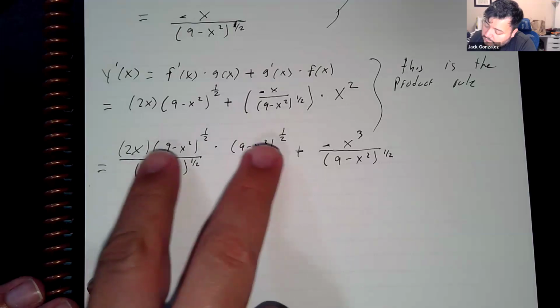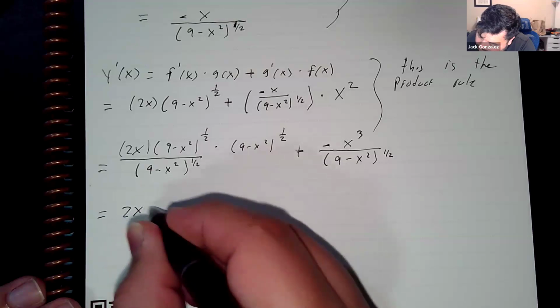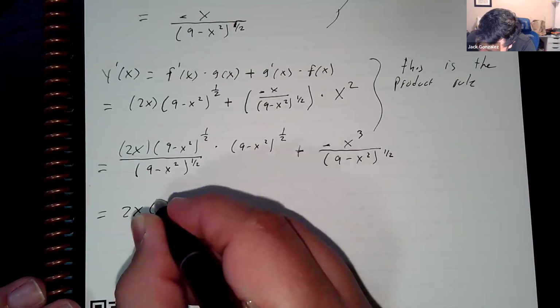Ready? These two would add up to 1, giving us 2x times 9 minus x squared.